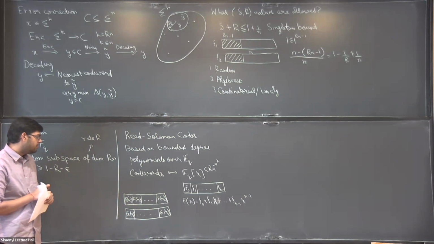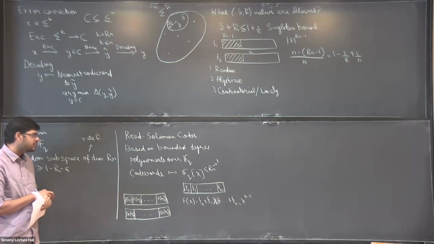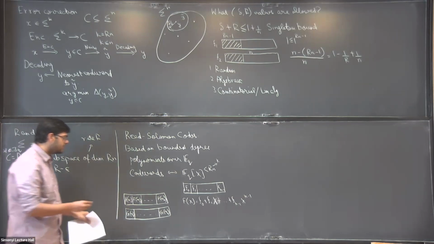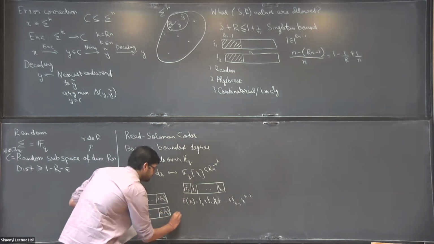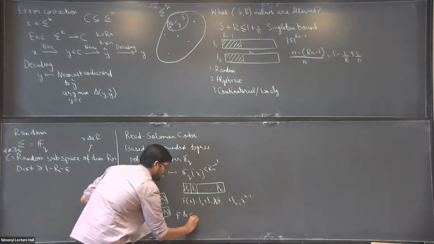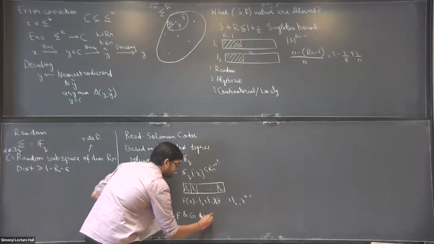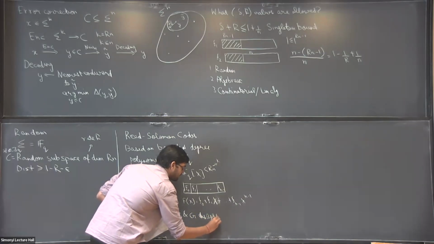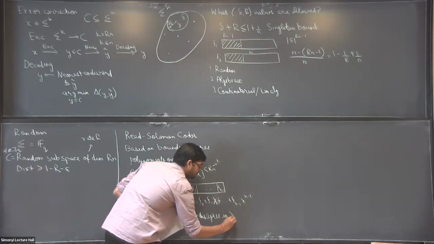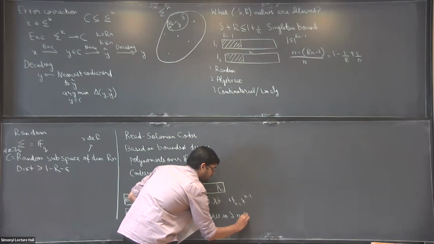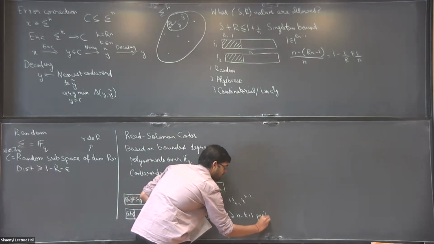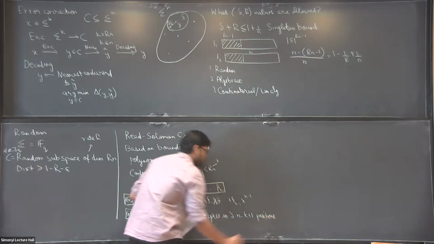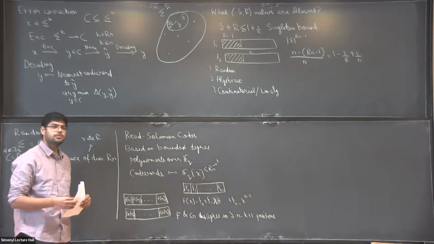So the total number of agreements can be at most k minus 1, which means that they disagree in at least n minus k plus 1 positions.